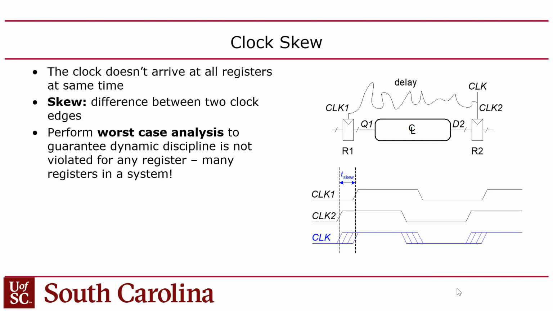Okay, but there's some more bad news about this. The other bad news is that the clock is connected to every flip-flop on the chip, which means you have this huge clock network. The clock network is made of metal wires, and because it's so big, it has a lot of capacitance.